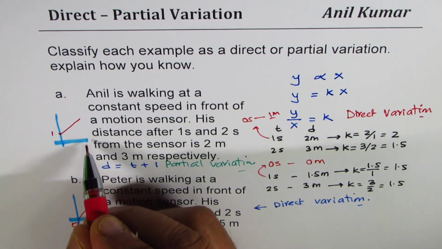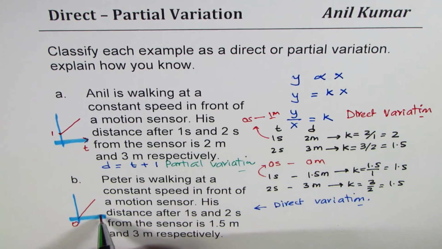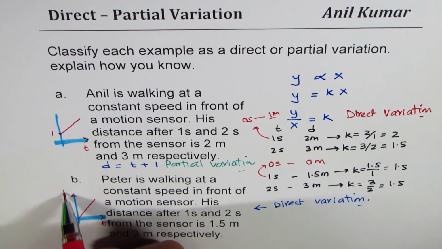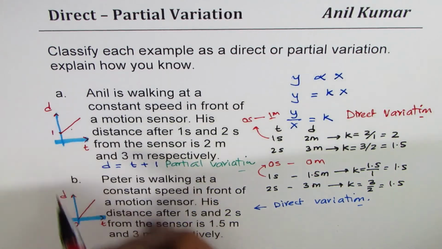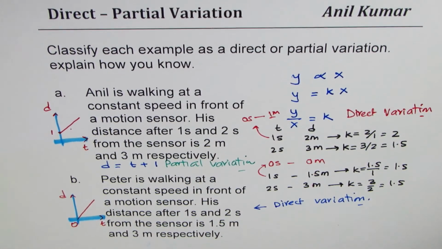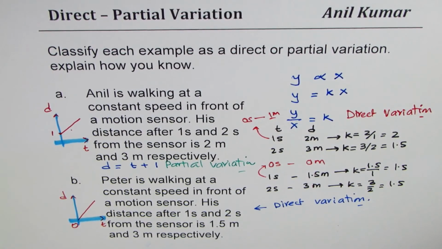So therefore, this is partial variation, and part B is direct variation. So simply by finding the ratio, we can figure out whether it is a direct variation or partial. I hope that helps. Thank you and all the best.